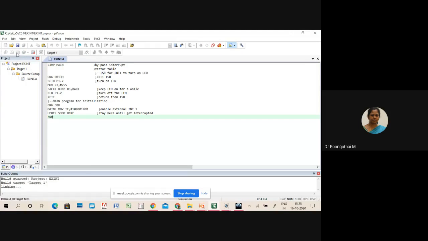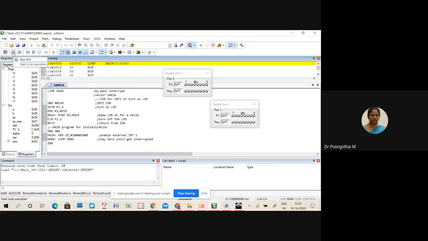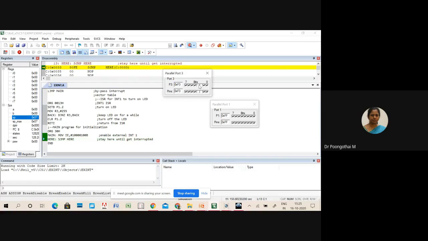Let's run this code. See, 3.3 is your external interrupt 1.